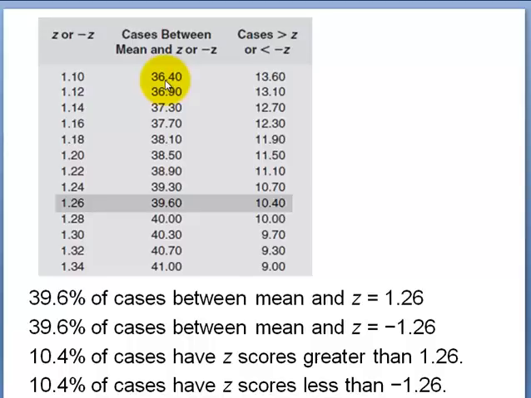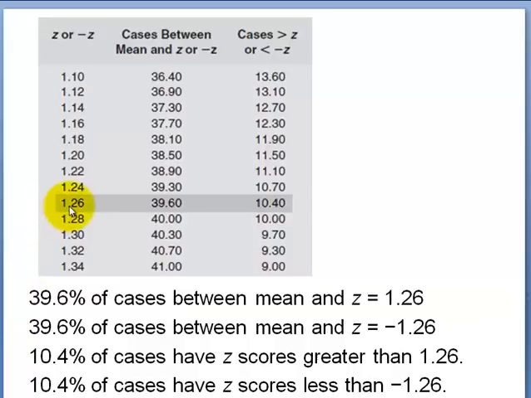And the information is the same on the negative and positive sides of the normal distribution because the normal distribution is symmetric.